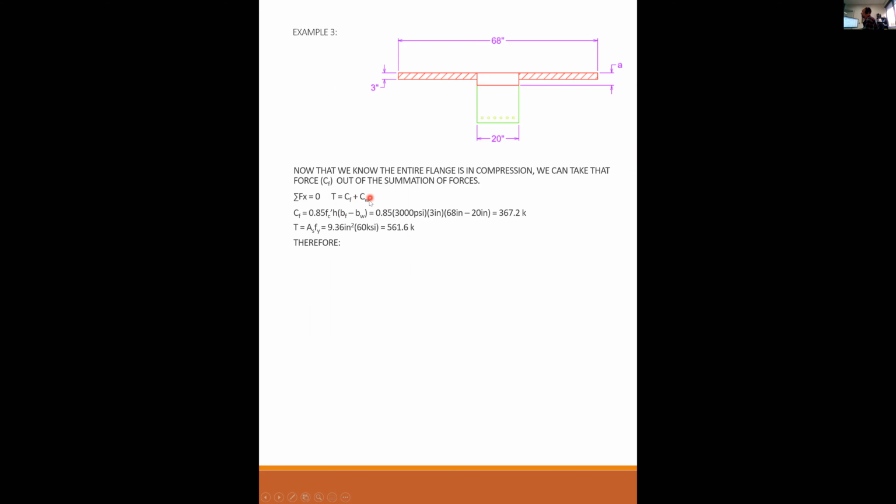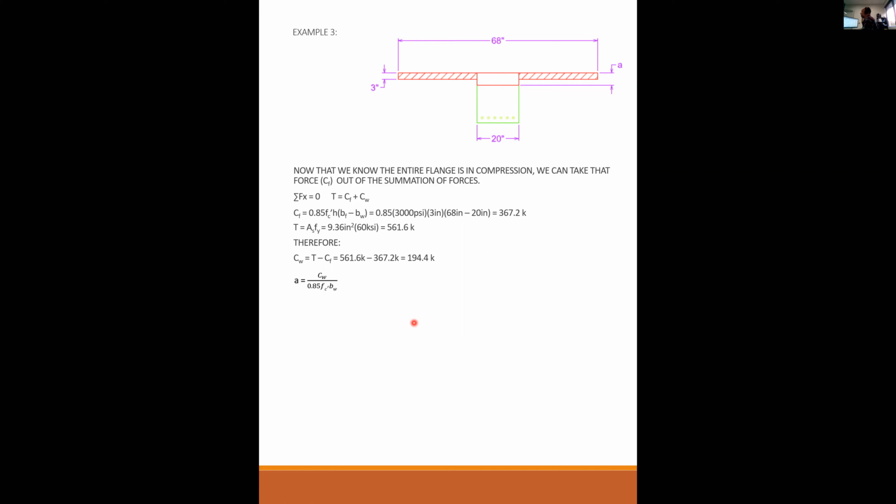I can solve for C sub W. C sub W is going to be T minus the compression in the flange. So 561.6 minus 367.2 leaves me with 194.4 kips. So I know this block in the middle here has to be good for 194.4 kips. If it isn't, we don't have equilibrium. So it has to be.